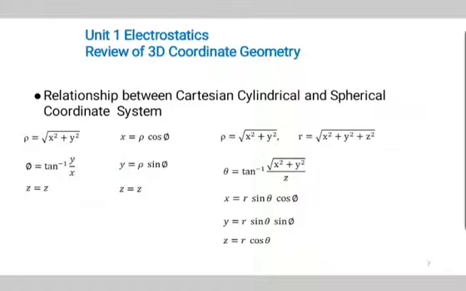So here is the relation between all these coordinate systems. So the equations are given.